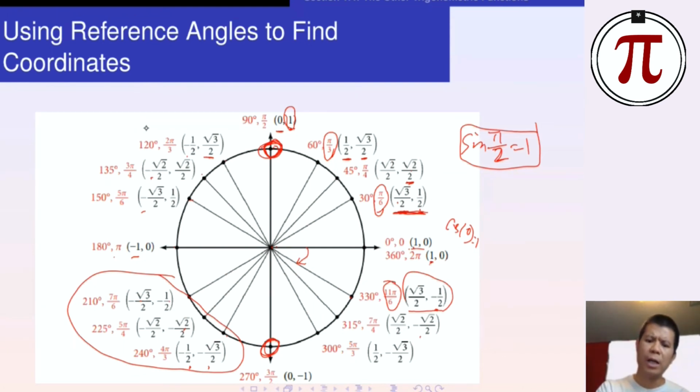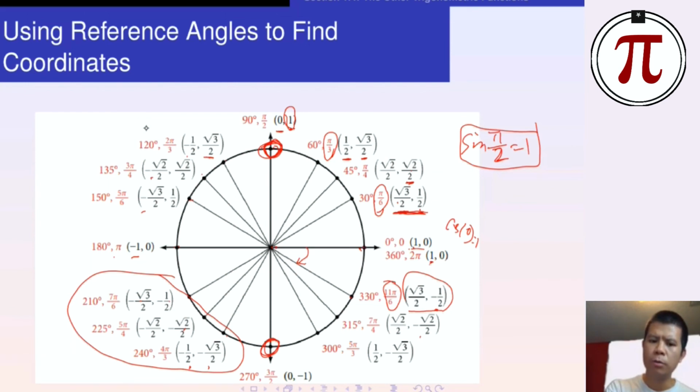We can write these two together. Basically, either you start from 0 and add pi over 2, or you start from pi and add pi over 2. If you do a full rotation, it is the same; after a full rotation the x coordinate becomes 0 as well.